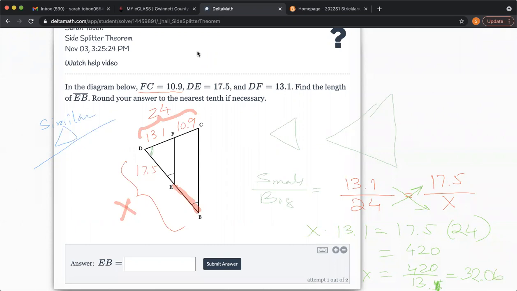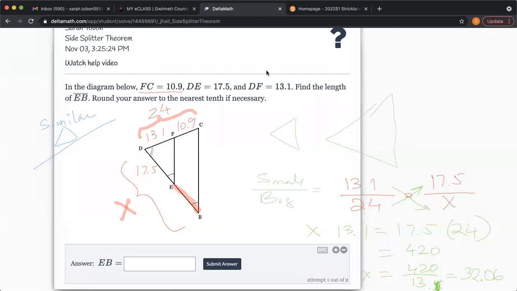Subtract 17.5 from that. It's 14.56. 32.06, you can convert it to 32.1. 32.1 should be the correct answer.